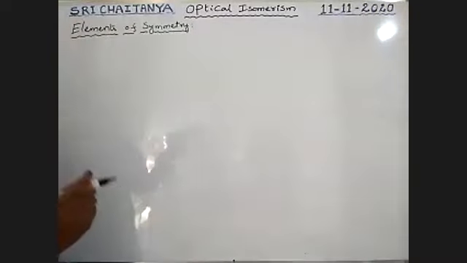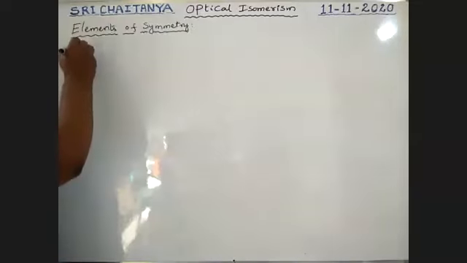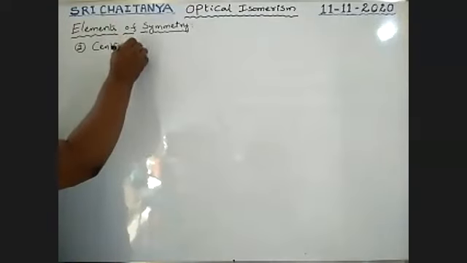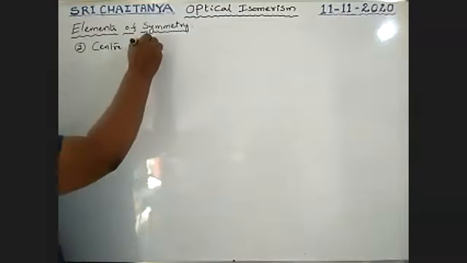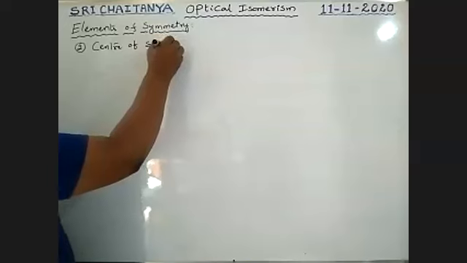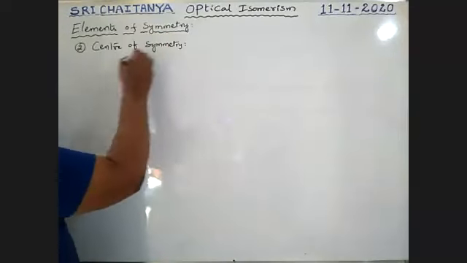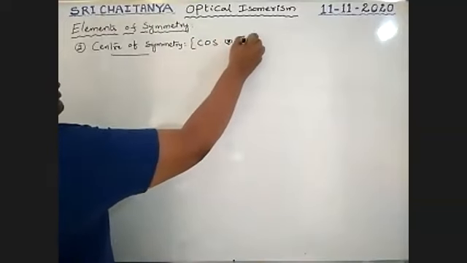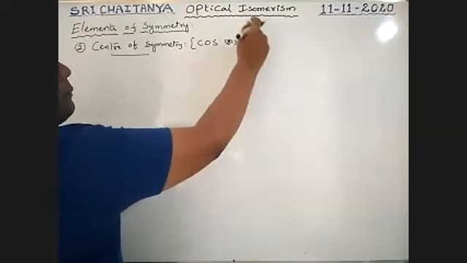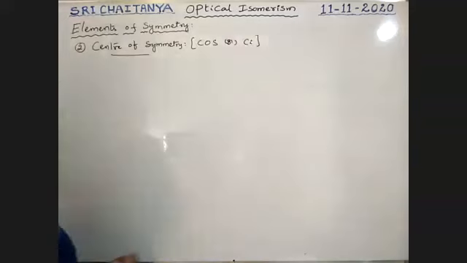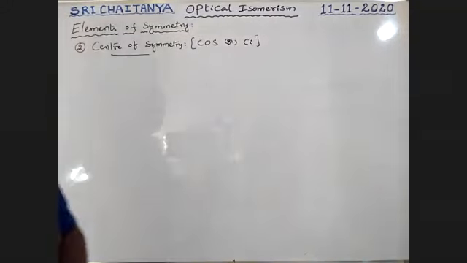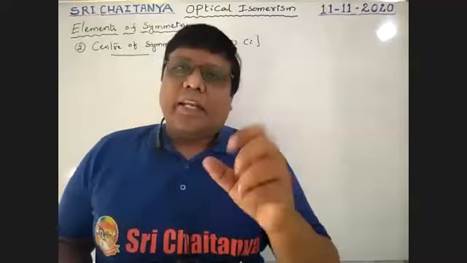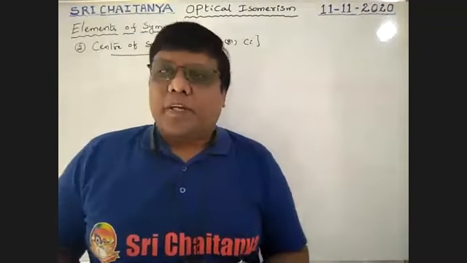Listen carefully, otherwise it is difficult. Second one, center of symmetry, which is indicated with COS or Ci. Center of symmetry. Okay, see here, boys. First of all, I'm explaining with an example. After that, we will discuss the statement.